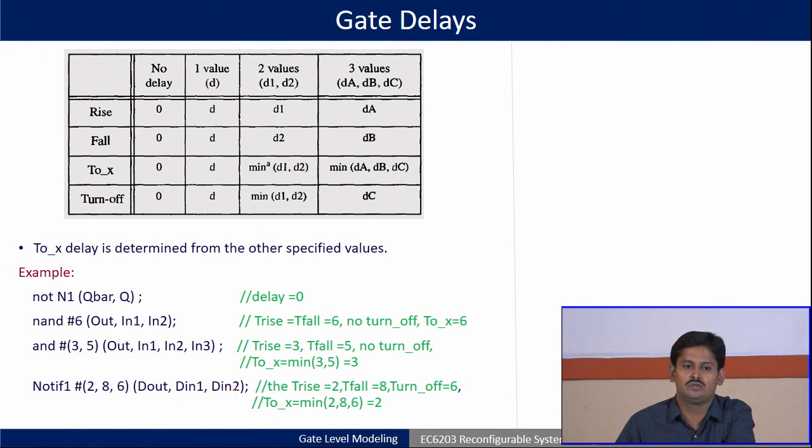So, if din2 is equal to 1, then dout is equal to NOT din1, else, if din2 is 0, then dout is equal to Z. So, while the gate attains the output state of Z, it will take a delay of 6 time units. Okay. All these things you can see in the simulation window.